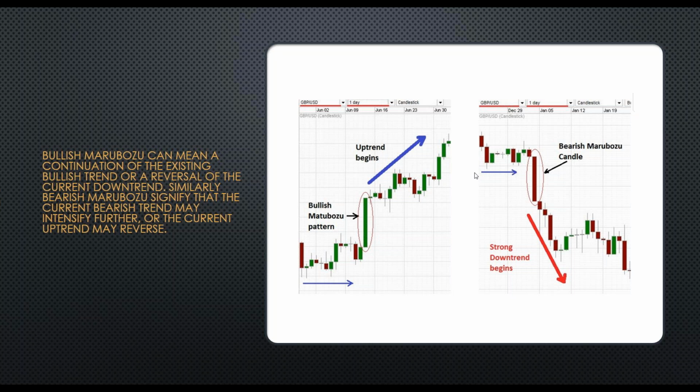Exactly the opposite: if you see it in the middle of a downtrend, that tells you that downtrend is very, very strong. It's going to continue downward. If you see it coming out of congestion or sideways movement, it tells you that the market is about to move into a very strong downtrend, because the bears have just run out of the gate running full hog forward.